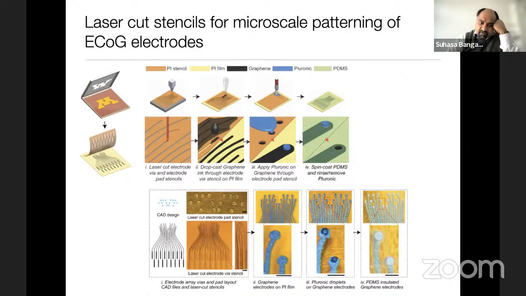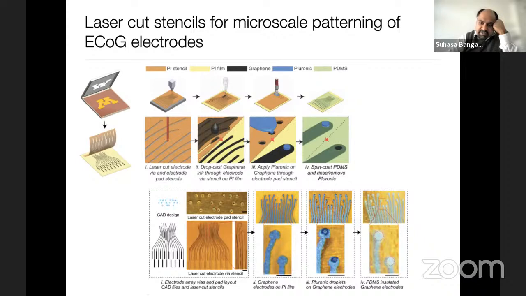We can get close to 200 micrometer minimum feature sizes. The stencil on the bottom is the stencil that's used to pattern the electrode traces. And then the holes that you see on the top are used to pattern a sacrificial layer of a chemical called Pluronic that's used to temporarily cover the electrode pad areas, right?